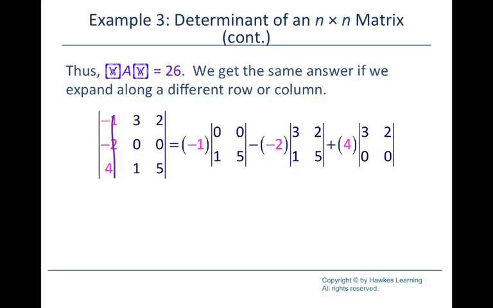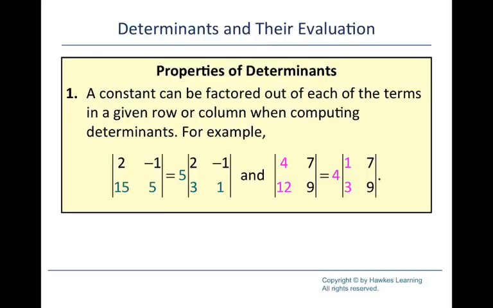And for the third minor, cross out the last row, so it would be 3200. So you have -1 times 0, which is going to be 0. And then +2 times 15 minus 2, and then 4 times 0, and so you still end up with 26. So the determinant of A is 26, no matter how you do it.